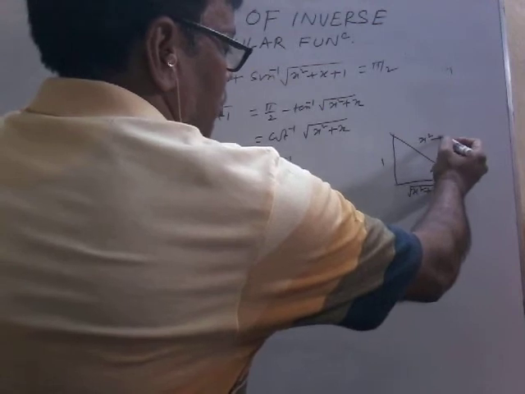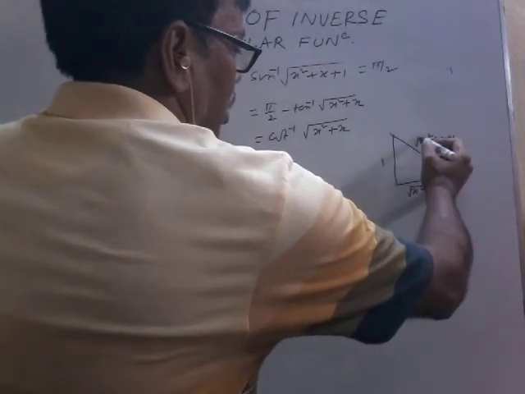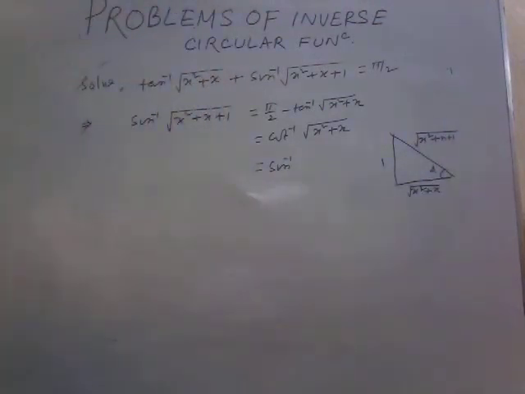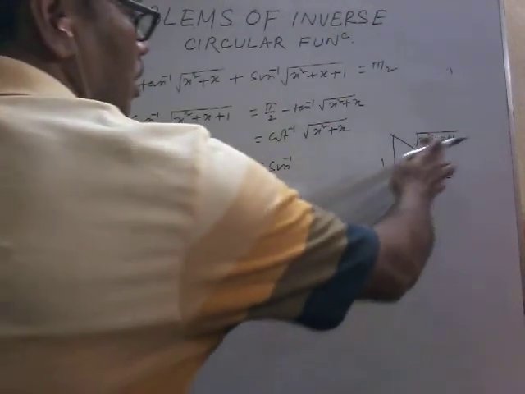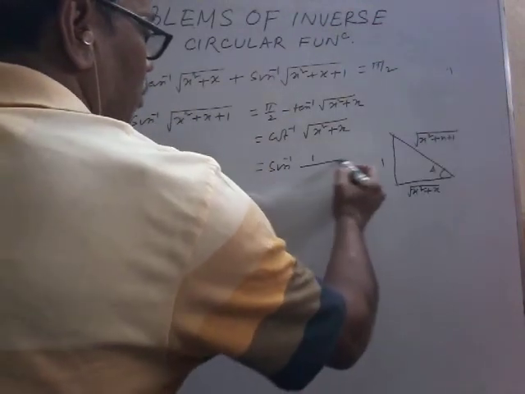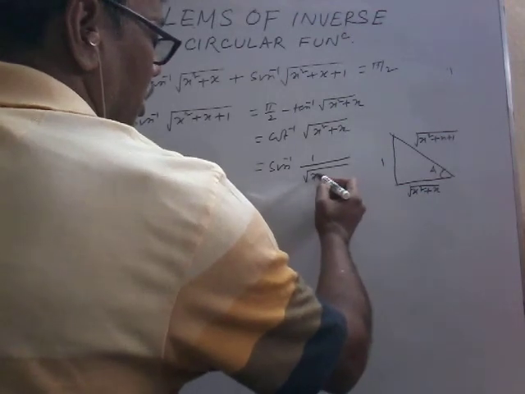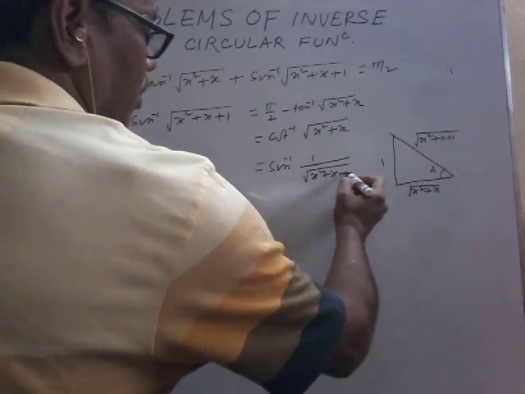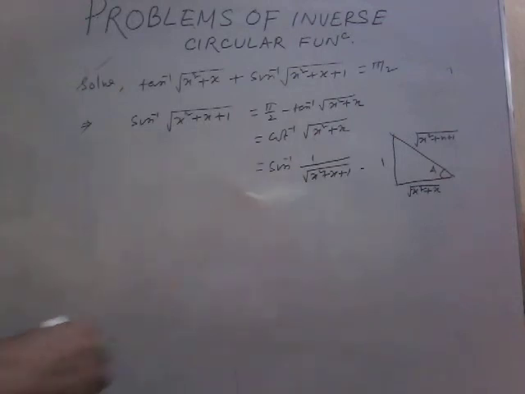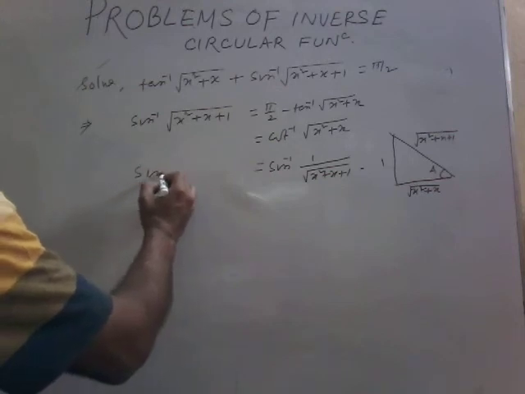So the hypotenuse is this one. So in terms of sin inverse, perpendicular by hypotenuse, root over (x square plus x plus 1). So both sides are in terms of sin inverse.